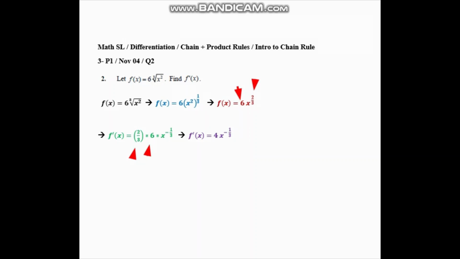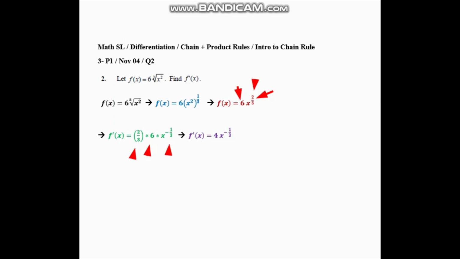And I am going to reduce the power by 1. So 2 over 3 minus 1 gives me negative 1 over 3. So the new power is negative 1 over 3.